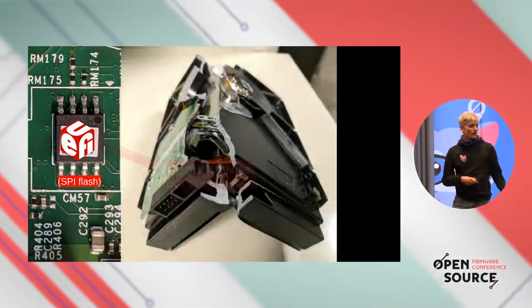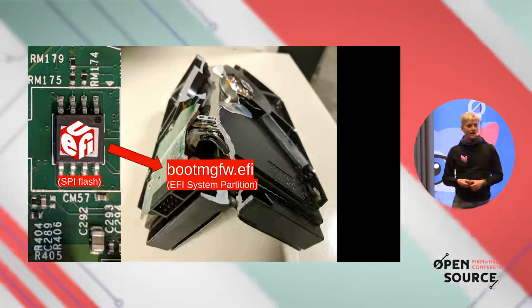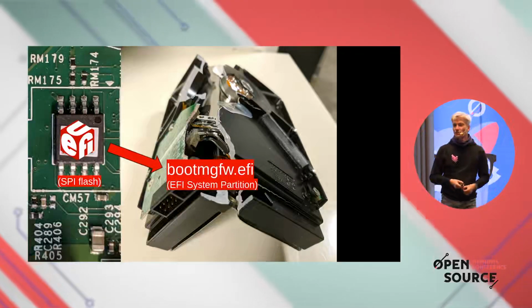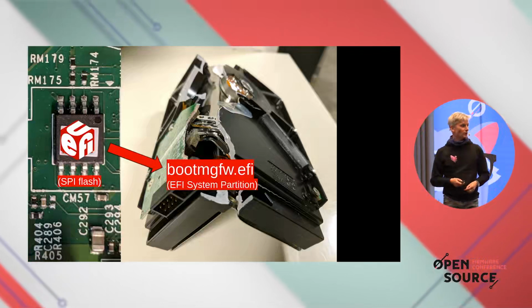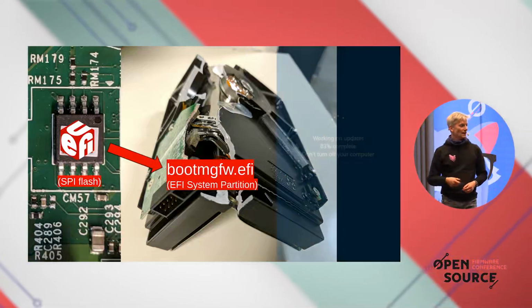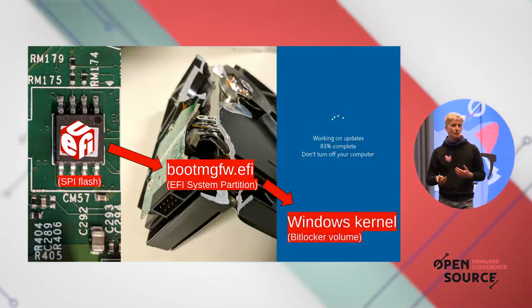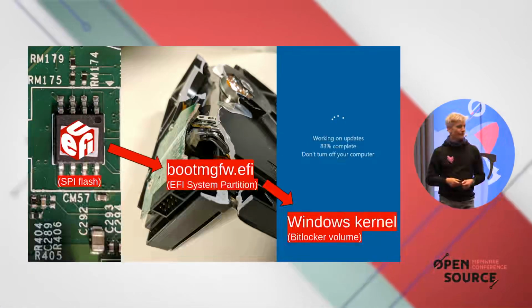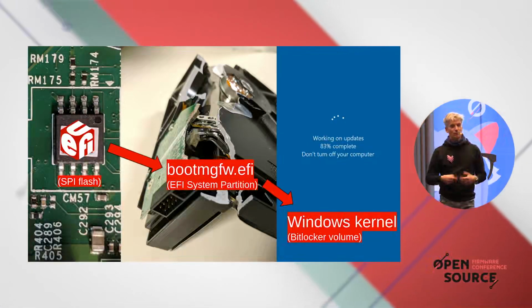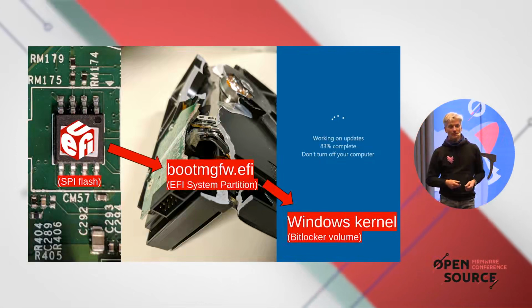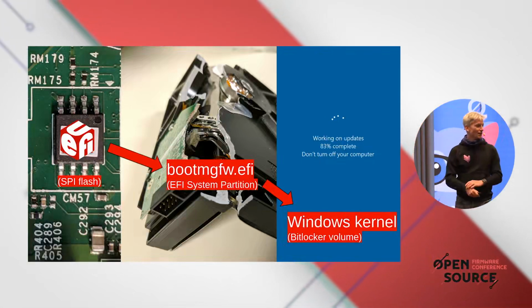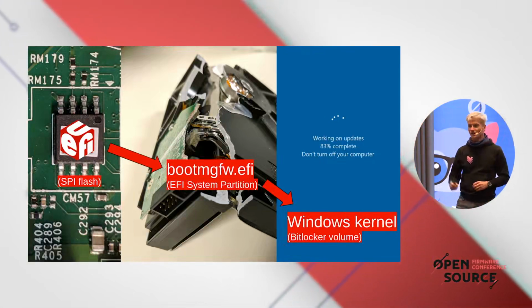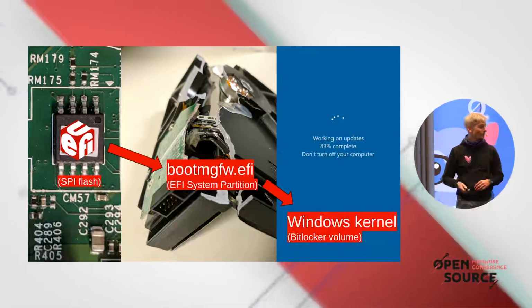The first thing it does is find the EFI system partition, and it loads the Windows bootloader from it, the boot manager. And that then is able to unlock the BitLocker volume and start the Windows kernel, which of course then wants to do an update. Seriously, like every single time I start any of these Windows machines, they want to do an update.